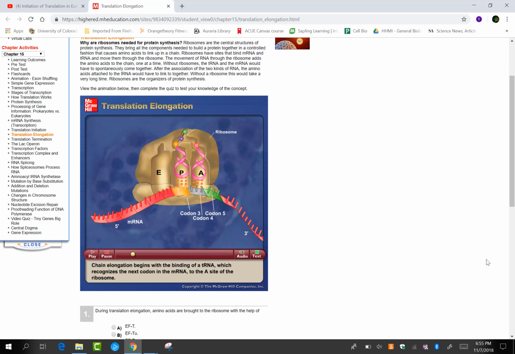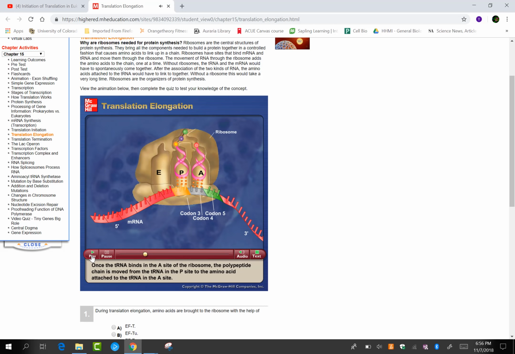The A site was empty, right? So I can back this up. The A site was empty, and now the tRNA is coming in to base pair with the new codon of the ribosome. This is catalyzed by the EF-Tu elongation factor and requires the hydrolysis of a GTP. You don't need to know either.